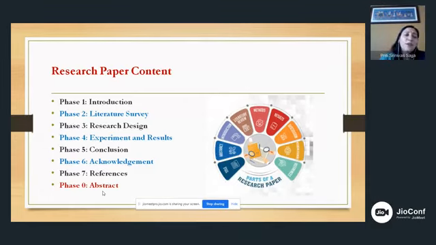So the abstract is a showcase of your work, and it must give the whole idea about your paper. First of all, the abstract is reviewed by the editor. When I send my paper to the editor, they just see the abstract and check that it is according to the journal scope and fits the journal, so they will send it to reviewers.